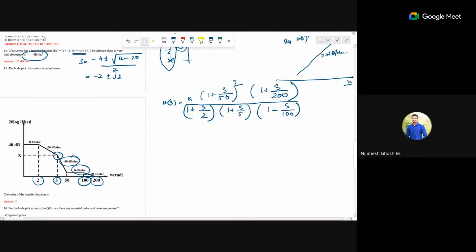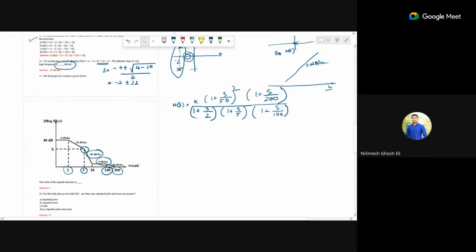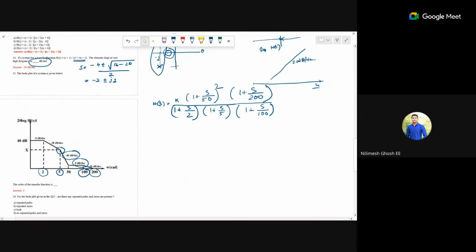Okay, so what is the note here? The note here is, if the final slope of a particular Bode plot is 0 dB per decade, then the number of poles and number of zeros should be the same.